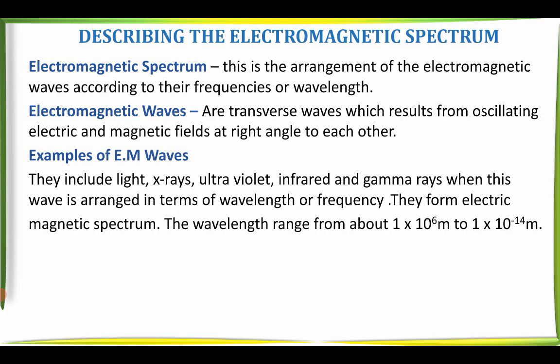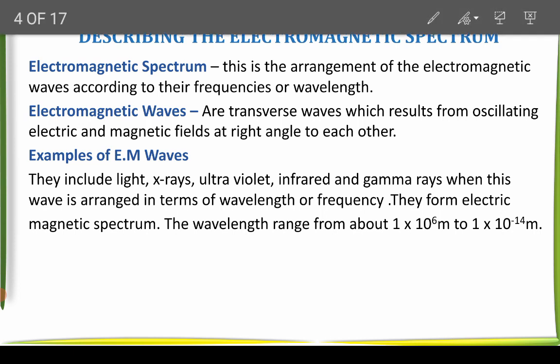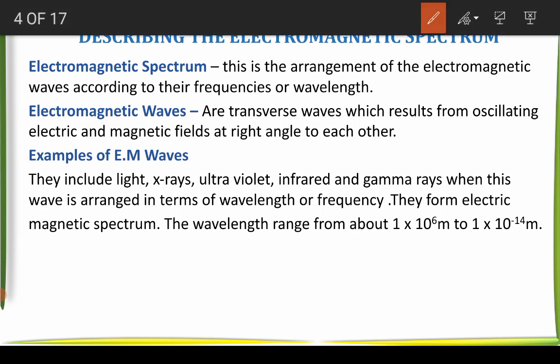So let's look at the electromagnetic spectrum in terms of what it is. We define the electromagnetic spectrum. The electromagnetic spectrum is defined as the arrangement.